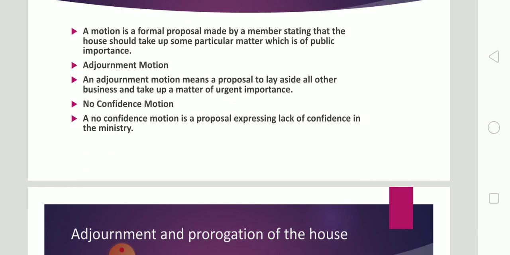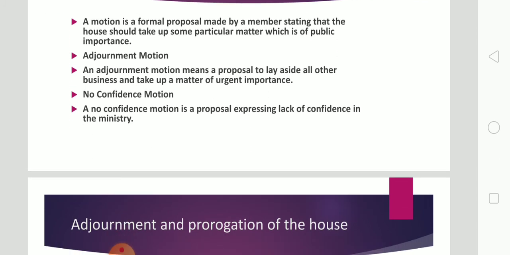But sometimes, due to some particular reasons, due to an unexpected natural calamity or any other problems, the house wants to take up a particular matter after putting aside the other business. In such cases, the adjournment motion will be passed.